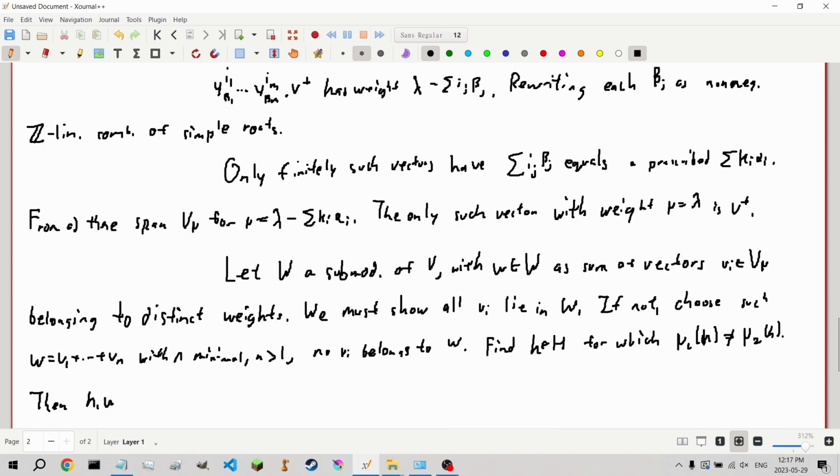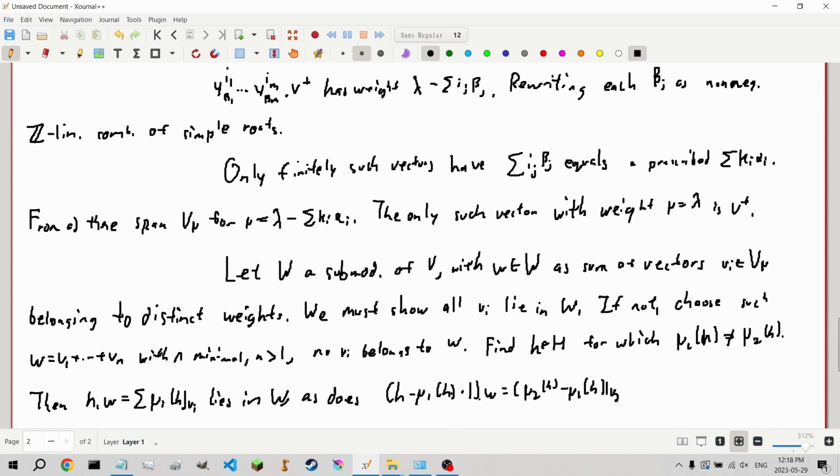Then h on w, the sum of mu_i of h times v_i, would lie in W, as does h minus mu1 of h acting on W, which is mu2 of h minus mu1 of h acting on v2 plus all the way through mu_n of h minus mu1 of h acting on v_n, which is non-zero.